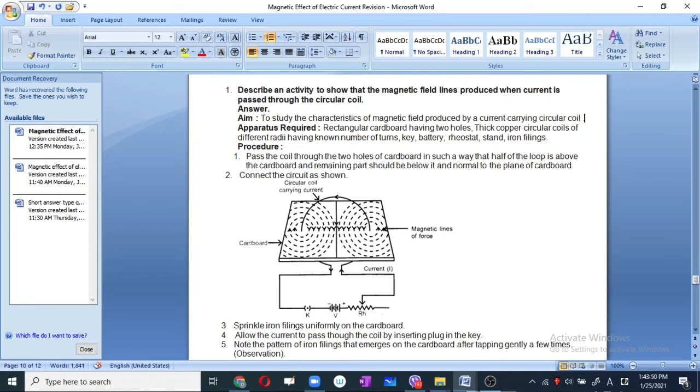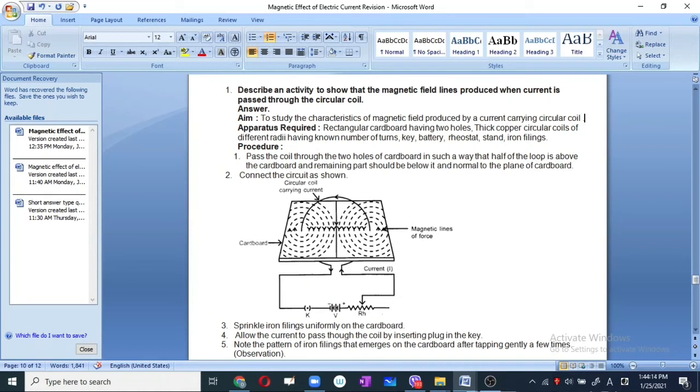What are the apparatus and materials required for conducting this activity? We require a rectangular cardboard having 2 holes, thick copper circular coils of different radii having a number of turns, key, battery, rheostat, stand, iron filings.